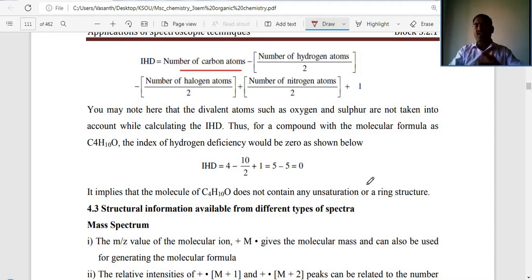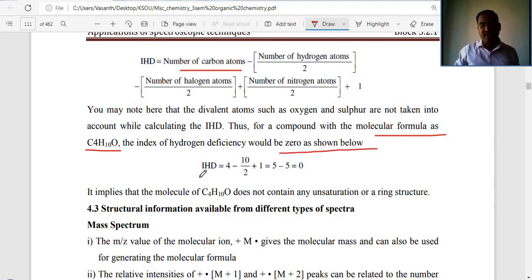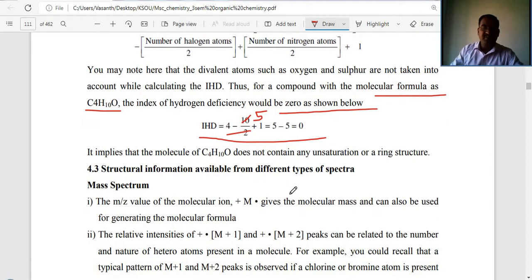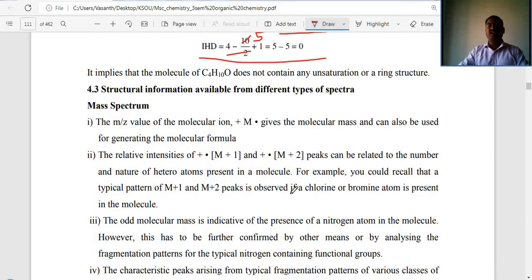Thus, for a compound with the molecular formula C4H10O, the index of hydrogen deficiency would be 0, as shown here: 4 minus 10 by 2 plus 1, that is 5 minus 5, which is equal to 0. It implies that the molecule C4H10O does not contain any unsaturation or a ring structure.